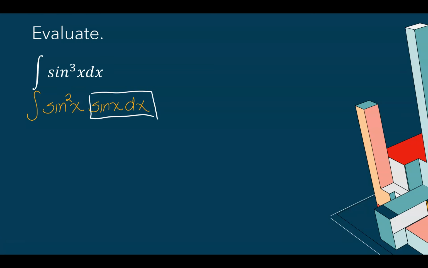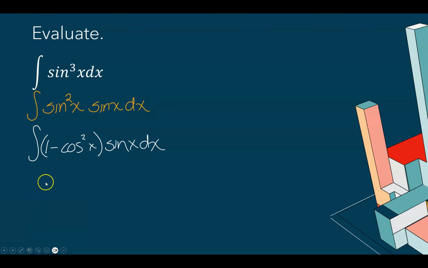So I guess u has to be cosine of x. But the other bit is sine squared. Can you turn sine squared into cosine? Yeah, we just do a Pythagorean identity: 1 minus cosine squared.